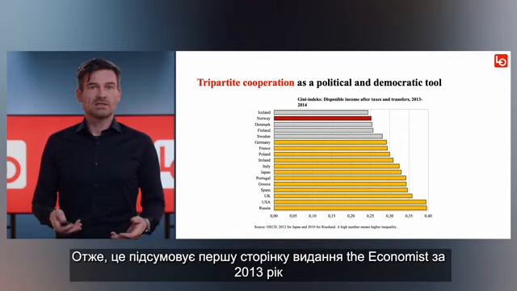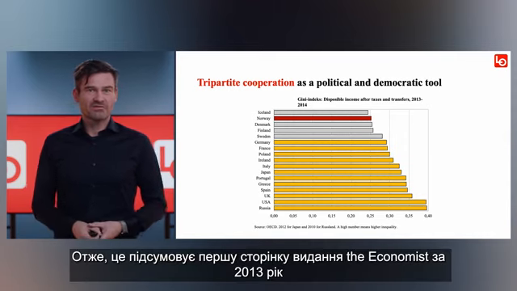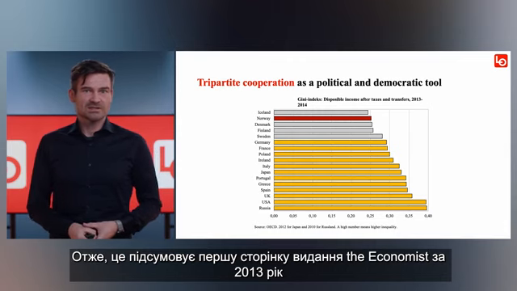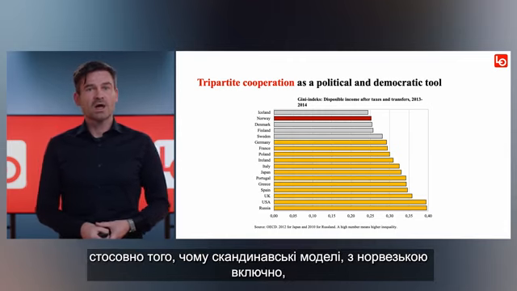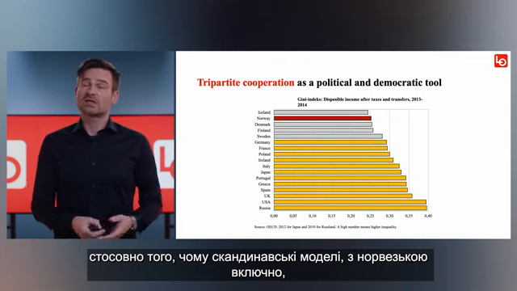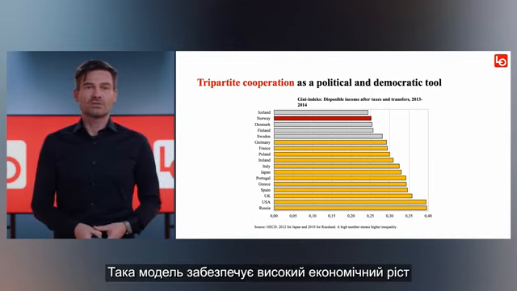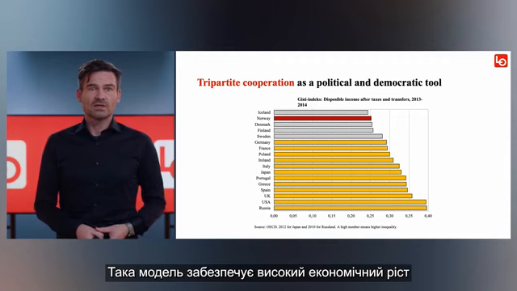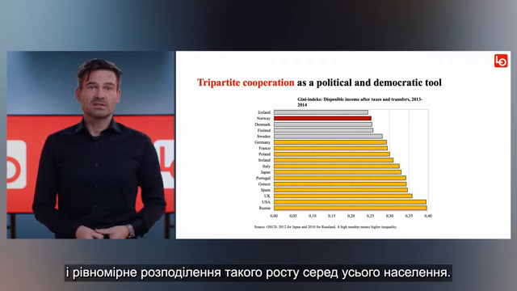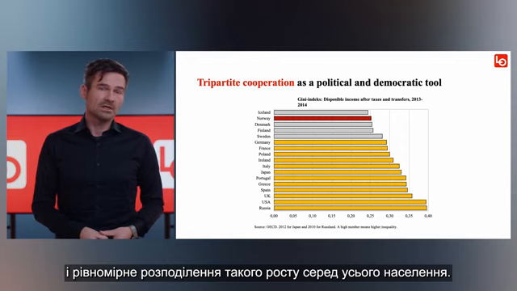So this sums up the front page of The Economist in 2013 on why the Nordic model and the Norwegian model is a supermodel. It produces high economic growth and distributes its growth equally among the whole population.